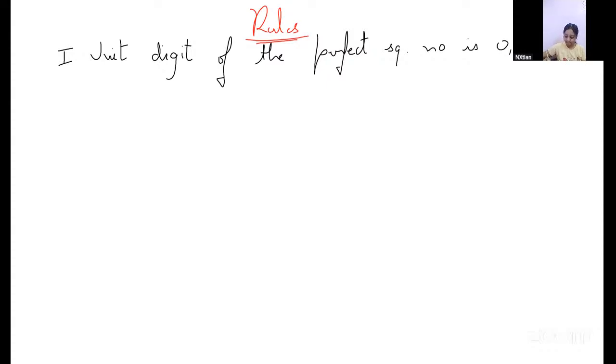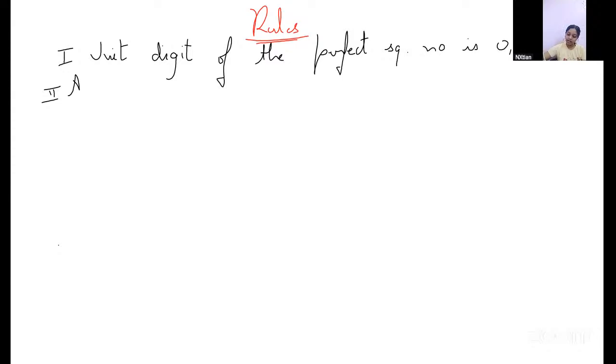Okay. Now, second thing, what are those numbers? If a number is ending with these digits, then it is not a perfect square. What are those digits? The remaining ones out of the top ones, that is 2, 3, 7, and 8.